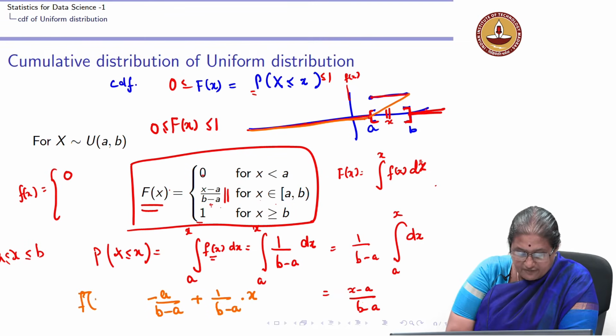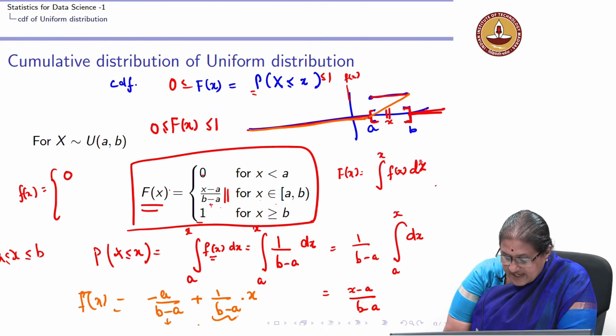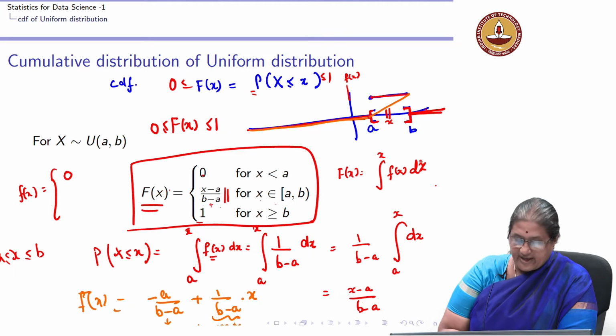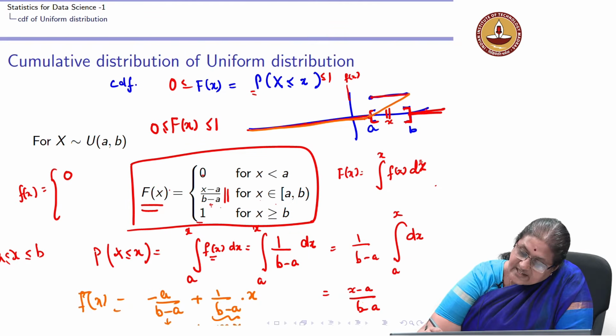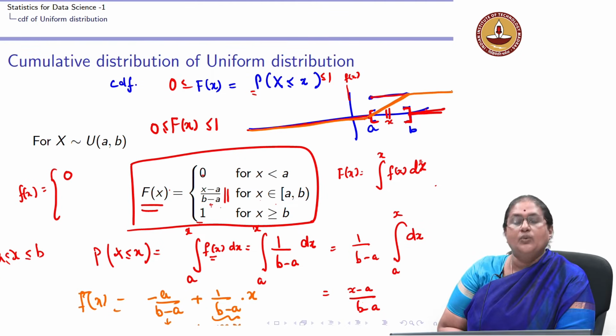So, I get F of x as some constant plus a slope into x. So, this is a straight line with slope 1 by b minus a, and beyond this it is going to remain at 1.